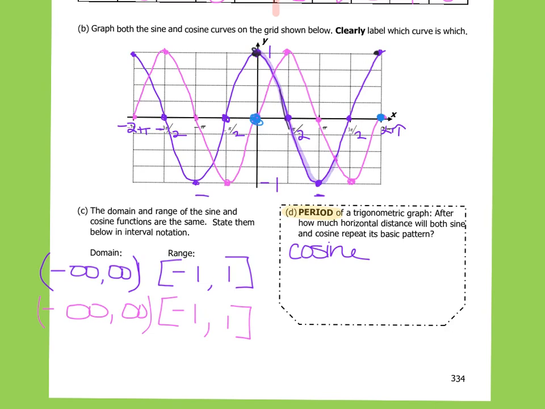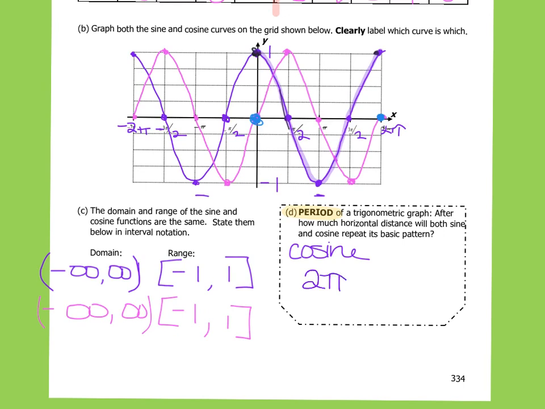And when I get all the way back up to where I started, which is here, we talked about that being one full cycle, correct? So the question is, how long does it take for it to complete one full cycle? And the answer to that is 2 pi.